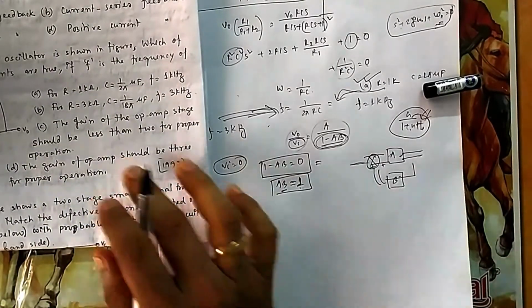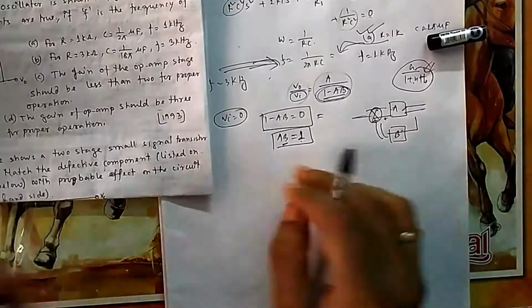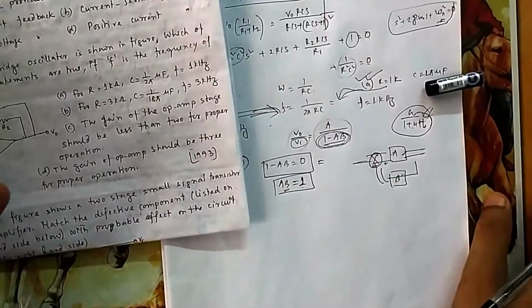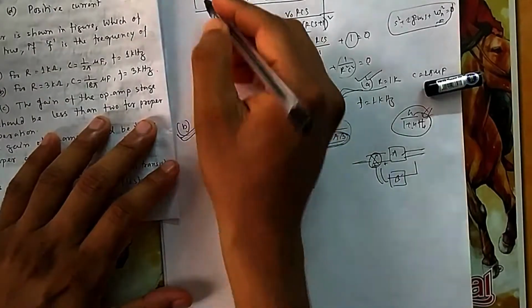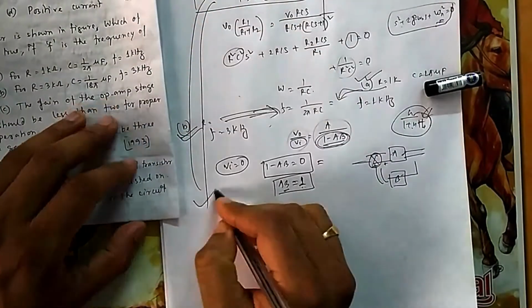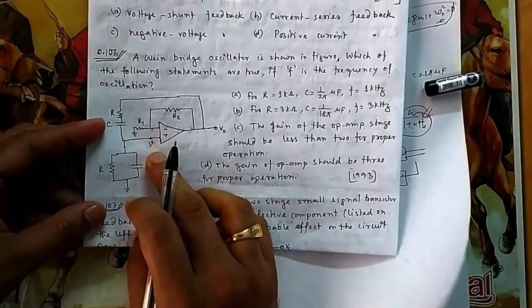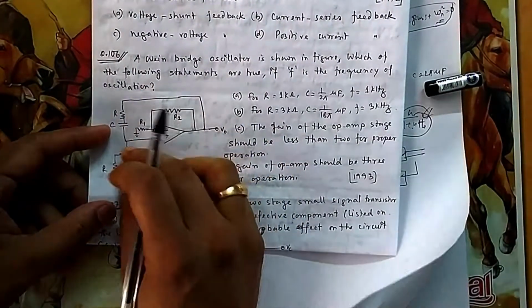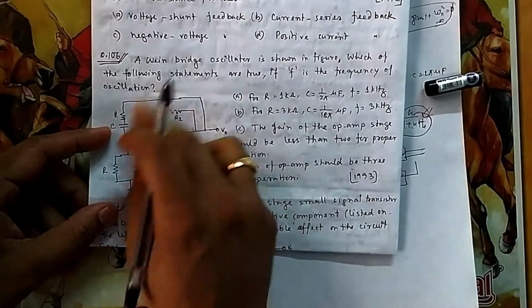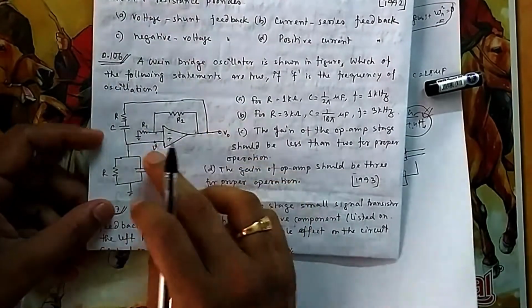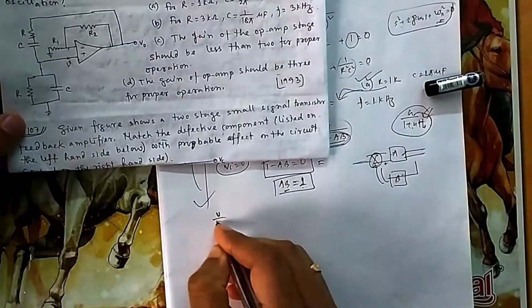Okay. Now they are asking what should be the gain. So gain equal to 1 by beta. So let us see what is the feedback factor here. You see this is the feedback factor. How much portion you are giving as feedback, because oscillator is positive feedback, so you see the positive feedback. How much of this output you are giving as feedback, that is V is how much factor of V out. We have seen what is feedback factor. So it is V by V0.